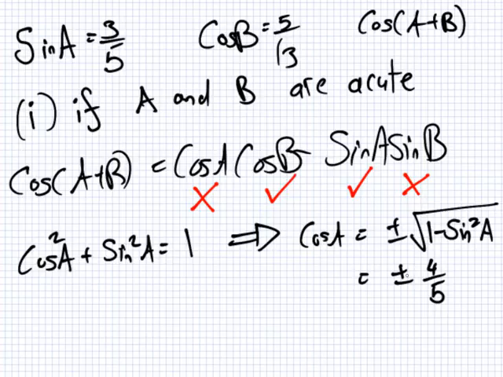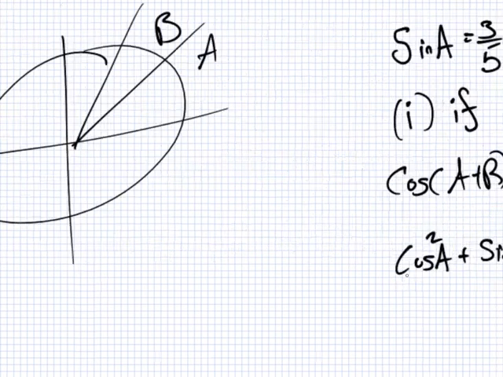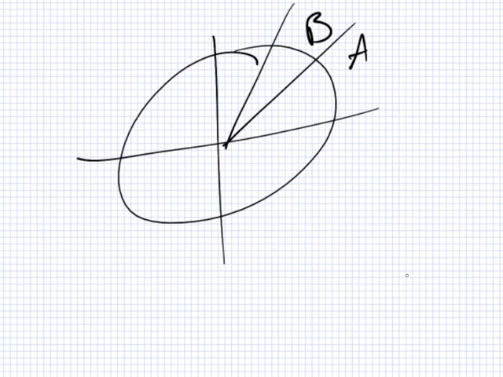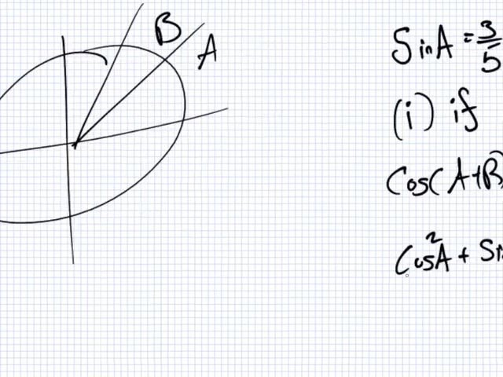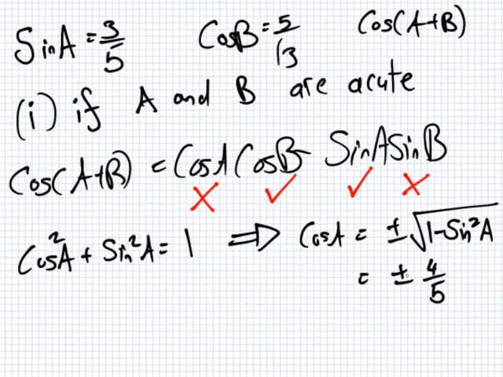But you can actually know if it should be the plus or the minus, because if you go back to the circle, if angle A is in the first quadrant, cos of A will be positive. So we should take the positive answer, 4 over 5.